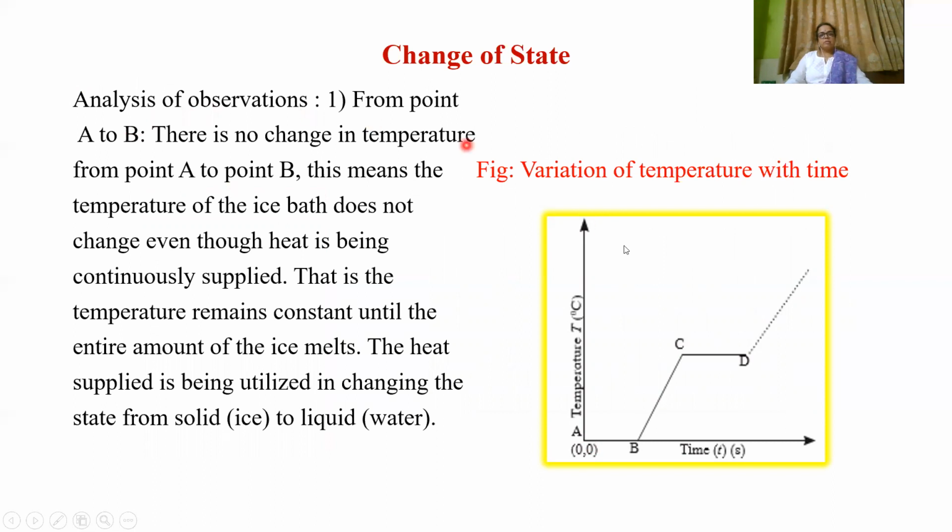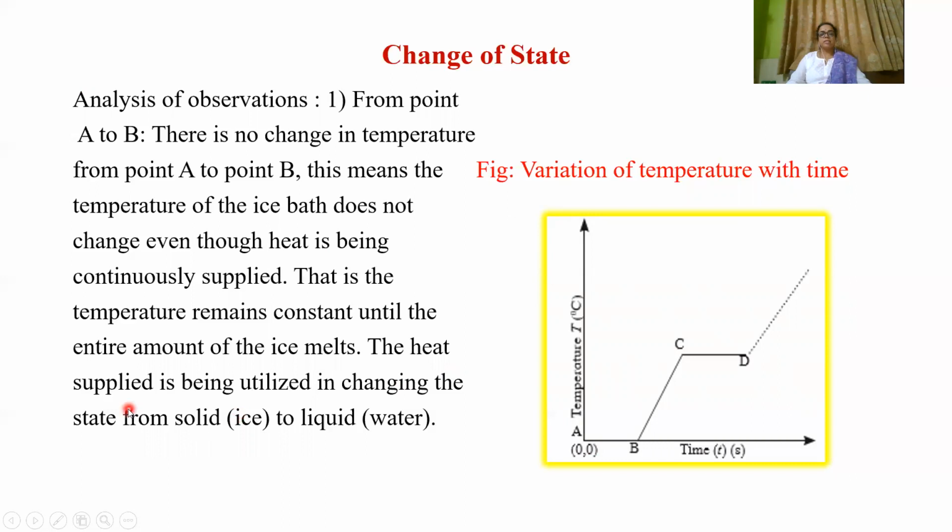Analysis of observation. We will analyze this graph. From point A to B, there is no change in temperature. This means that the temperature of the ice bath does not change even though heat is being continuously supplied. That is, temperature remains constant until the entire amount of ice melts.